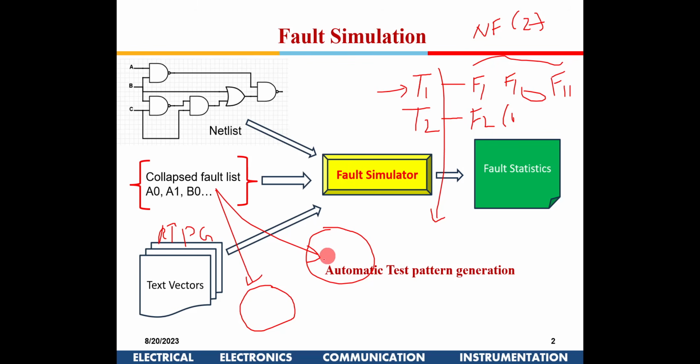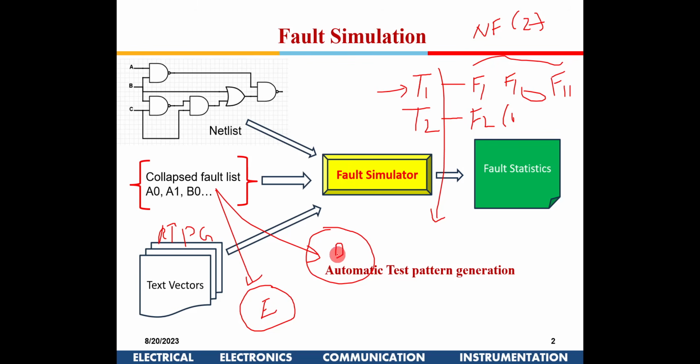Easy fault means easy to detect, and difficult fault means difficult to detect. How to classify these as easy or difficult, we will learn in the next class. So the first step, once you have the collapsed fault list, is to divide it into 2.